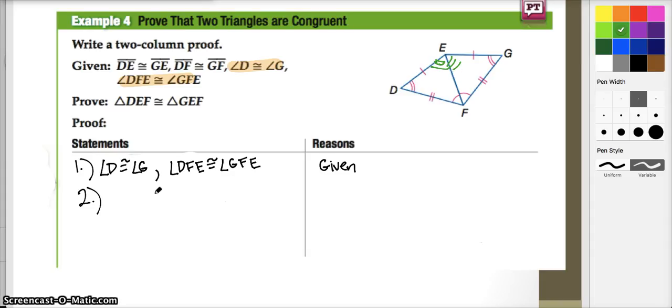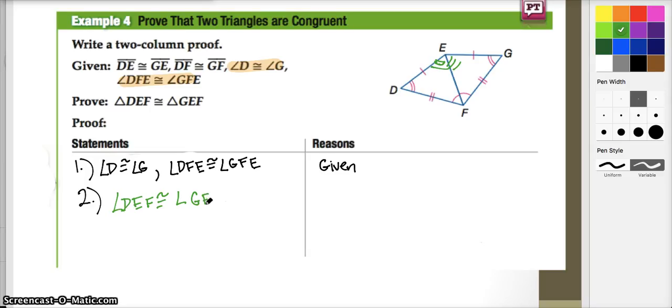So why can I say now, just from this given information, that angle DEF is congruent to angle GEF?